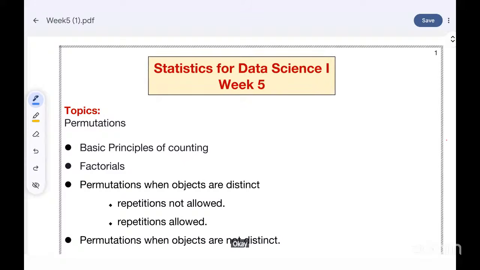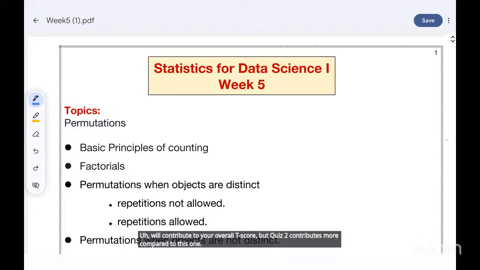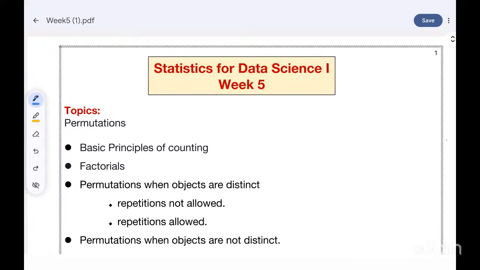That is one part of the score, and also 0.25% of quiz 1 and 0.3% of quiz 2 will be considered in another part of the formula. So anyway, quiz 1 will contribute to your overall T score, but quiz 2 contributes more compared to quiz 1. Okay.